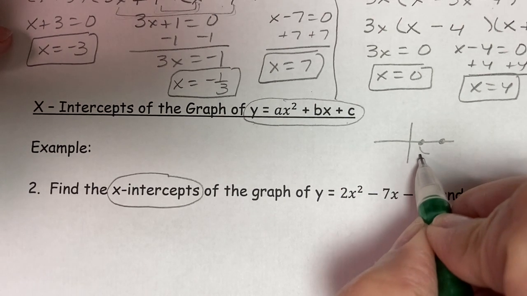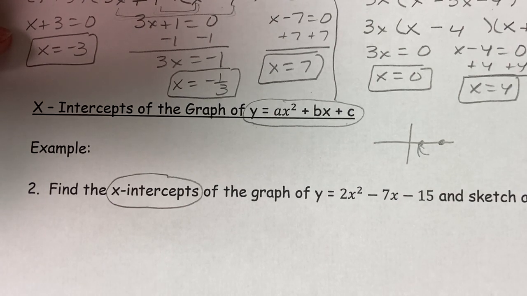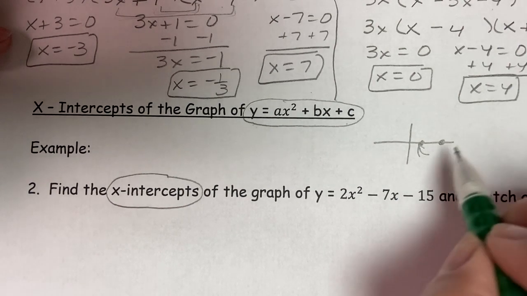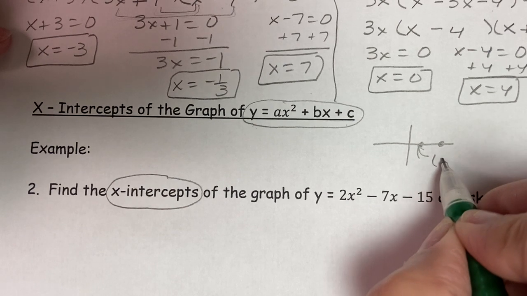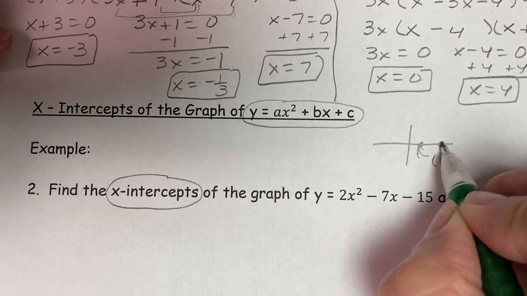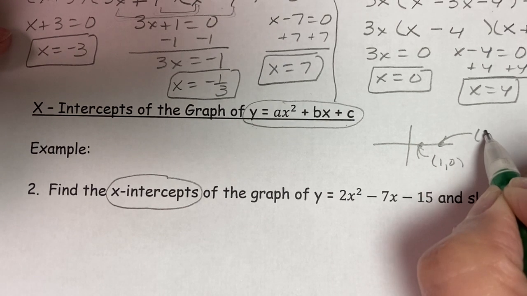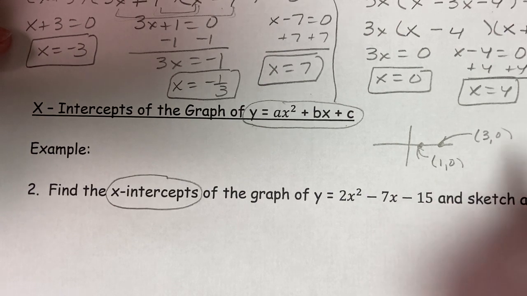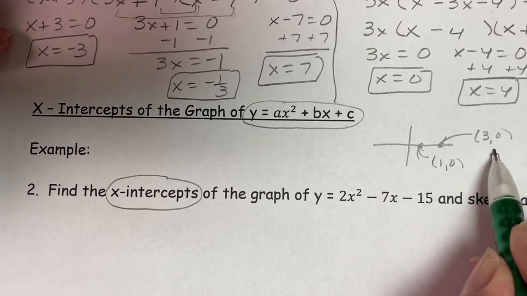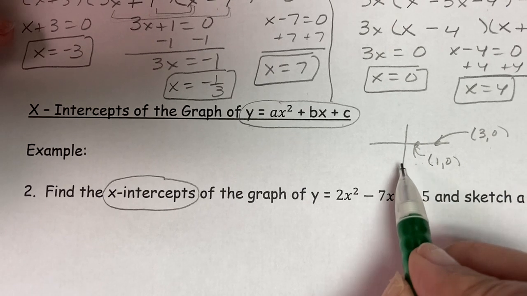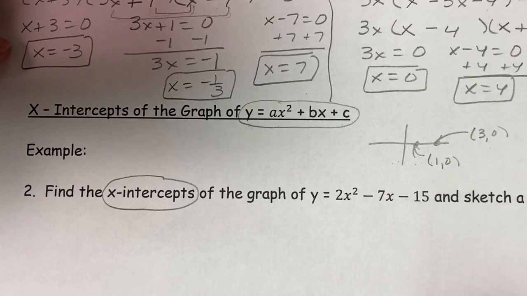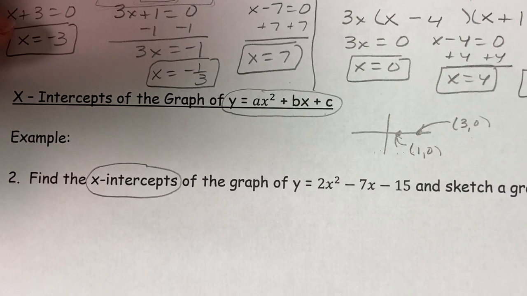What do points look like if they are on the x-axis? For example, this point could be 1, 0. And this point could be, I'm just guessing, 3, 0. Any point on the x-axis will be of the form x, 0. The y-coordinate will be 0.